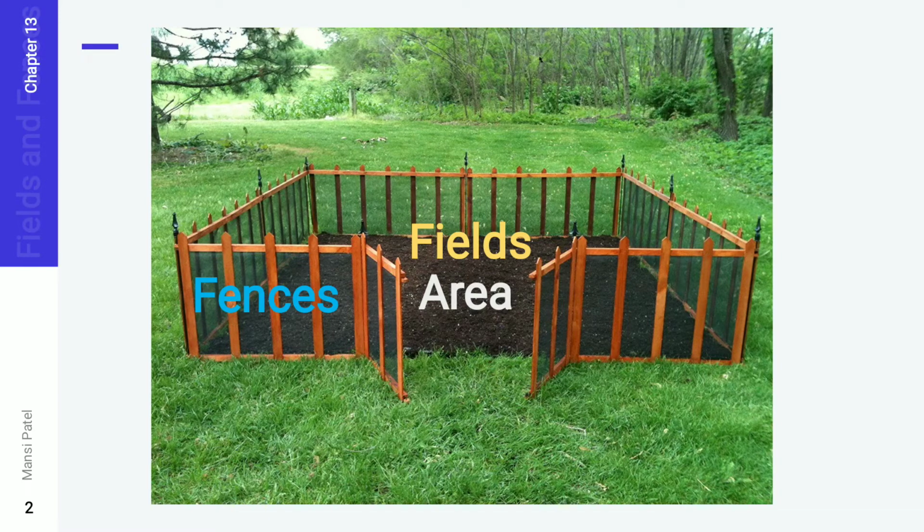Your house is covered by some wall, which means that is your own land. Whatever you want to do, you can do on that land. So an open area which is covered by fences is known as the perimeter. So another name of field is area, and another name of fences is the perimeter.